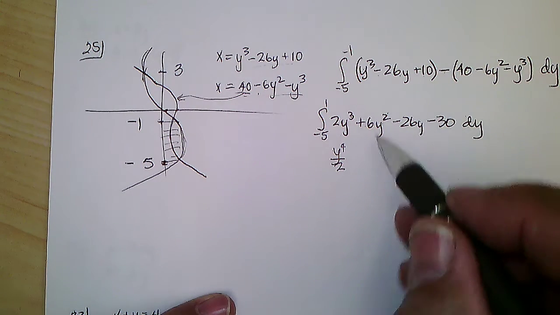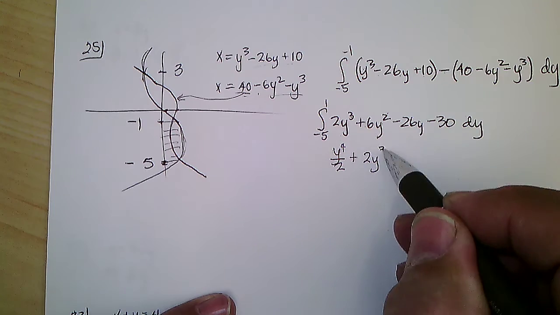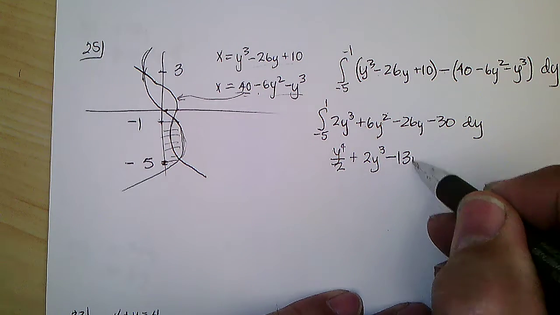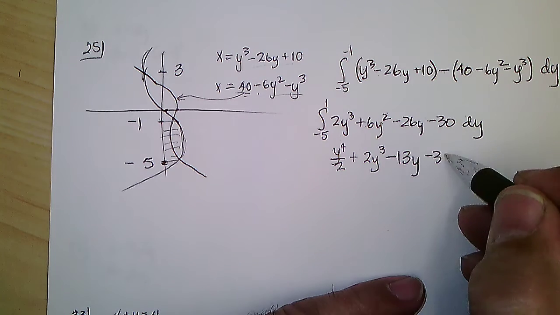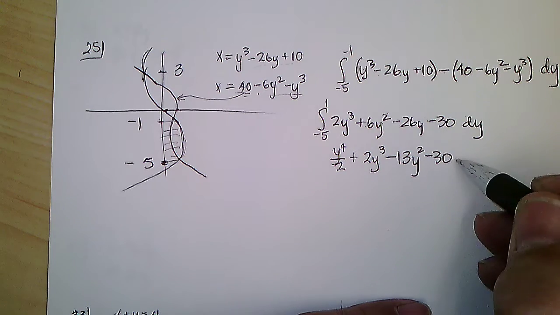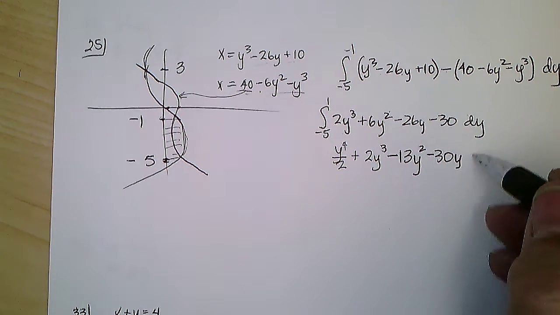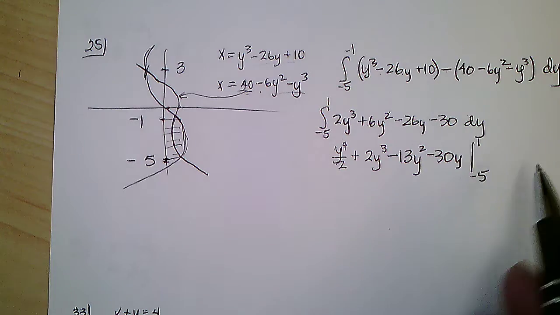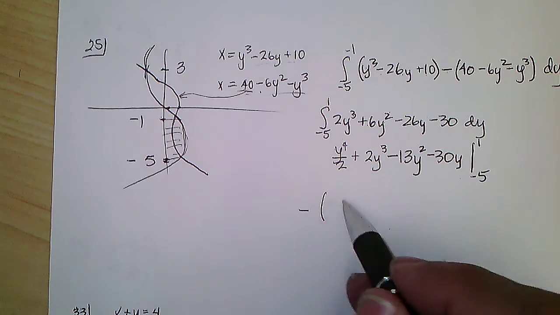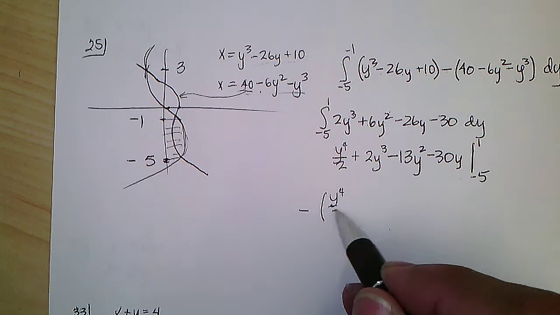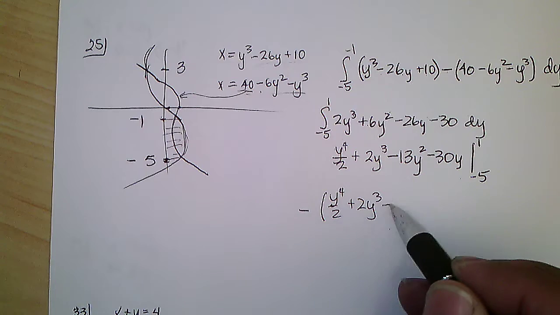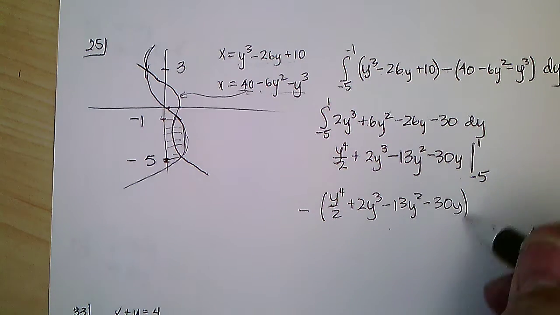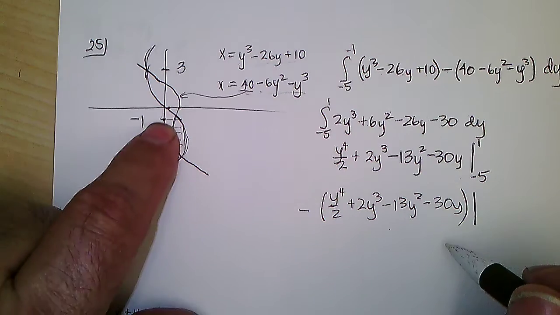This one would be divided by 3, so we'd have plus 2y to the third. This one we divided by 2, so we have minus 13y squared, minus 30y. Evaluated from minus 5 to 1, and then the opposite of this, evaluated from minus 1 to 3.